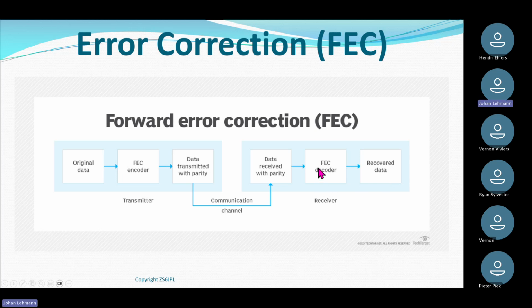If anything is corrupted in the data, the forward error correction decoder is able to recreate the data from what it's received. It can recreate the data so that it doesn't have to keep on asking, please resend, please resend.